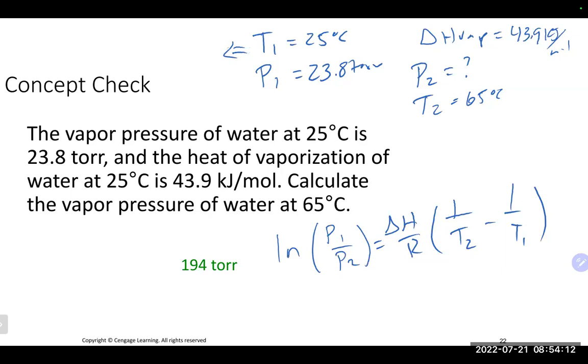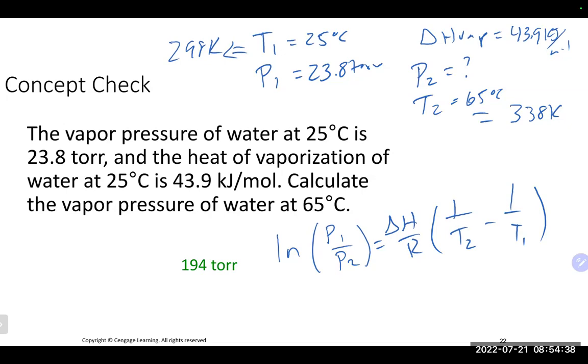So we want to convert that 25 out to 298 Kelvin by adding our 273. We would also want to convert our 65 into Kelvin as well. So plus the 273 gives us 338 Kelvin. We could actually leave our pressure in torr. It just means our answer is going to be in torr as well.